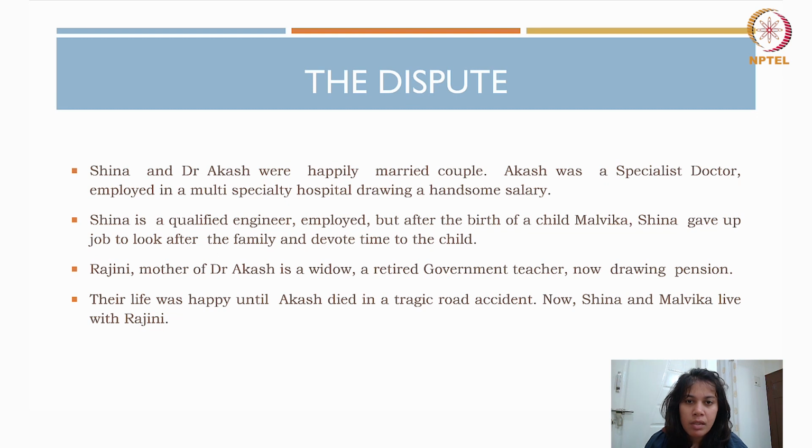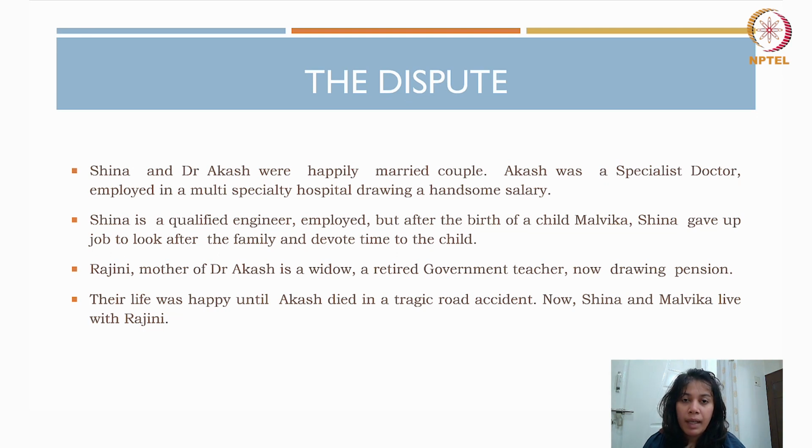Akash was a specialist doctor in a multi-speciality hospital, and he was drawing a very handsome salary. After some time, Shaina gave birth to a child called Malvika, then she stopped working and started looking after the child.